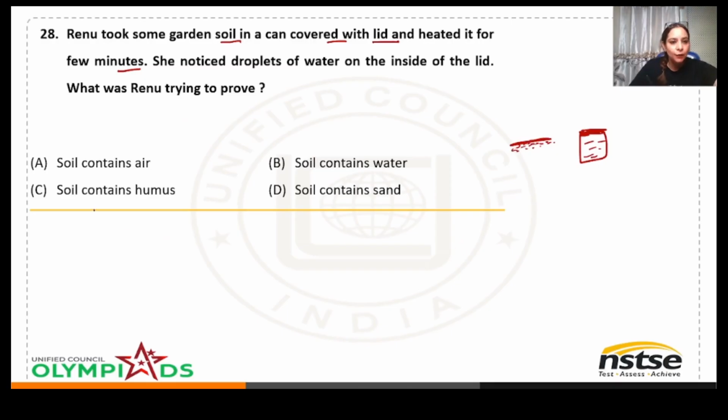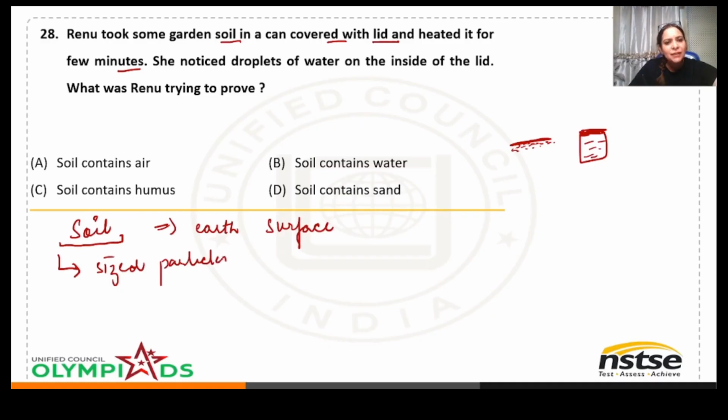Now, let me tell you about soil, because she took soil. Soil is basically a substance with which the whole earth surface is covered. Soil is formed of different sized particles, maybe sand, clay, gravel, silt, etc. It has humus also, which means organic matter.